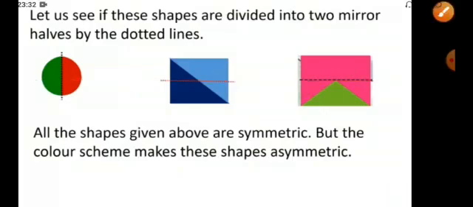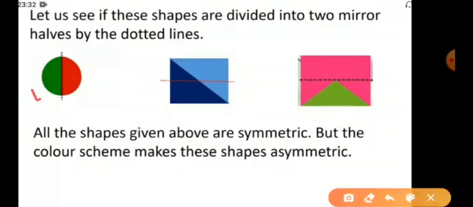Means you can see that in this circle the left hand side is green color and the right hand side is red color. Means we can say that these two parts are not equal because of color. So this shape is called asymmetric. Same way for this rectangle also we can see that there are two different colors.